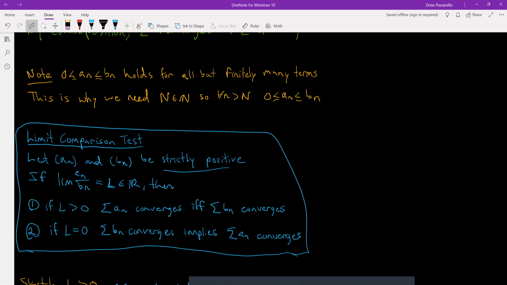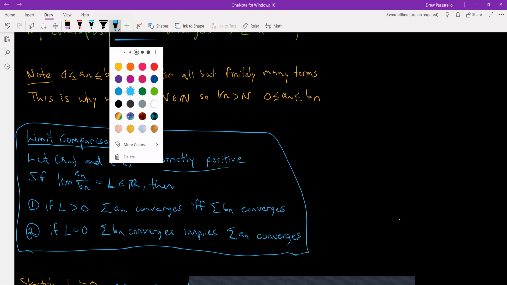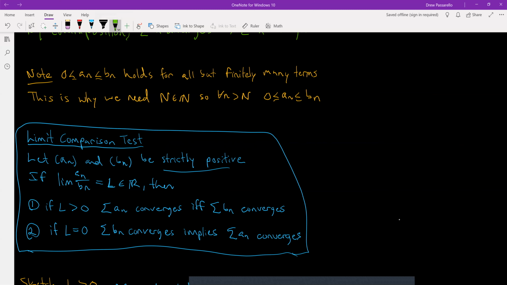All right, so to prove this, what are we going to assume here? So An and Bn are positive.